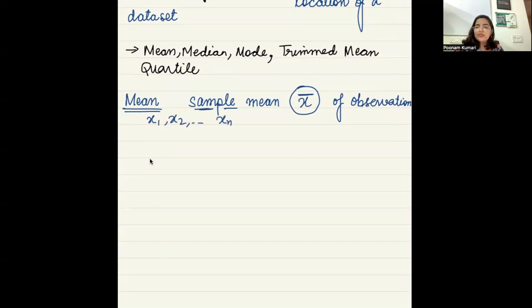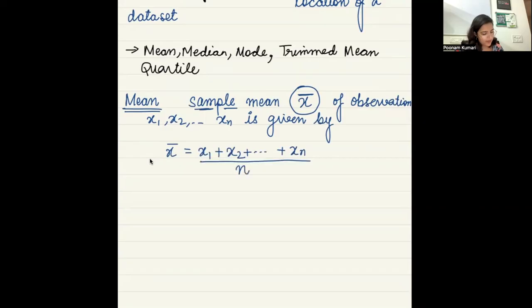If these are the values that you have in your data, what is the sample mean? It is given by x bar: you sum all these values, x1 plus x2 up to xn, and then you divide by n, the number of values, how many observations you have. So that is your sample mean. How else can we represent it?